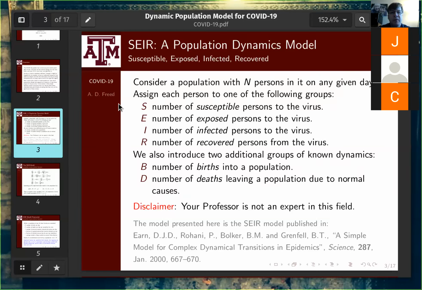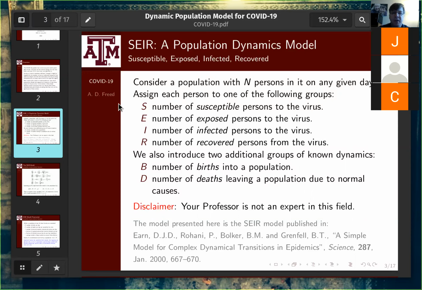This is what we call a SEIR model, S-E-I-R. S stands for susceptible. Those are the number of persons who don't have the disease or haven't had it yet, and therefore are susceptible to acquiring the virus. Then you have E, which denotes the exposed persons.